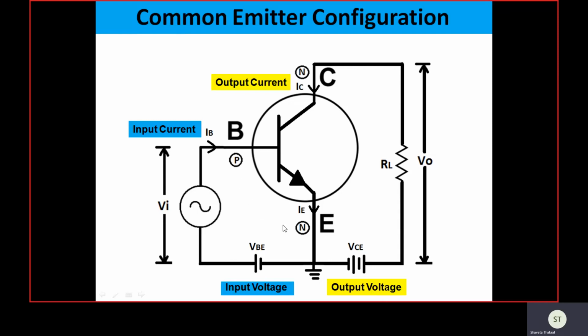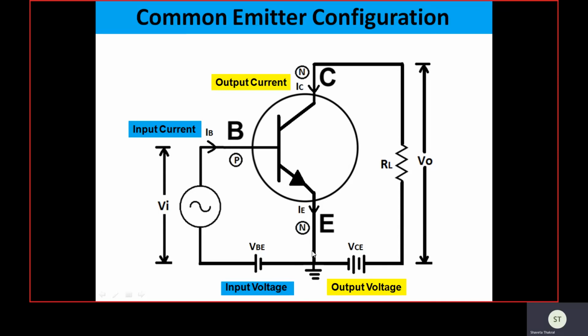So we can see in this diagram, as the input terminal is base, the input current will be IB, and the output terminal is collector, so the output current will be IC. The input voltage is applied between base and emitter, that is VBE, and the output voltage is applied between collector and emitter, that is VCE.